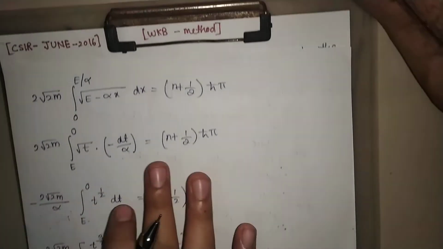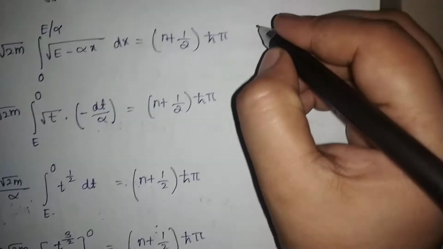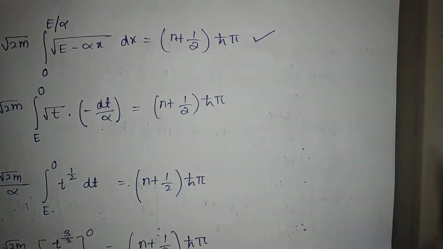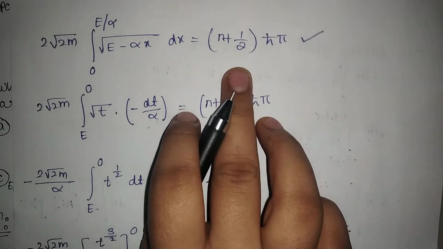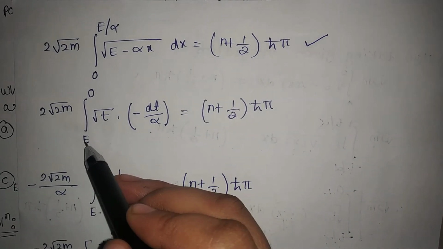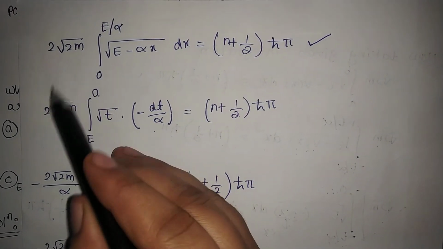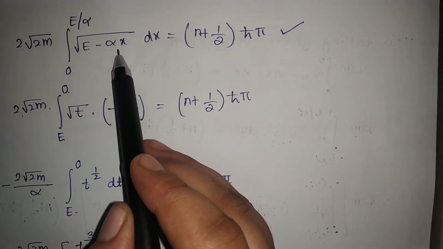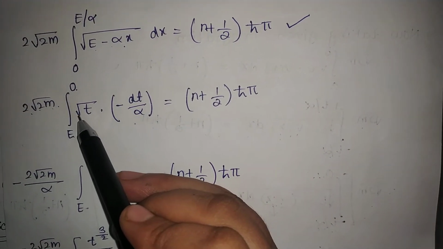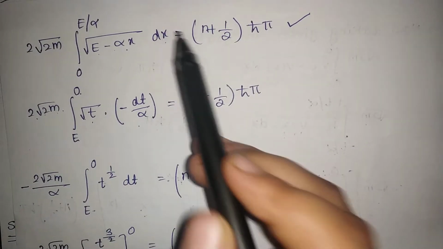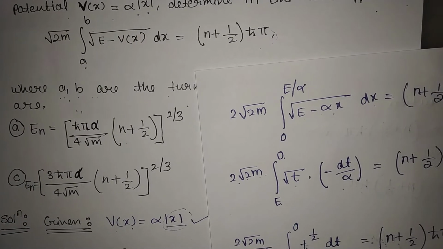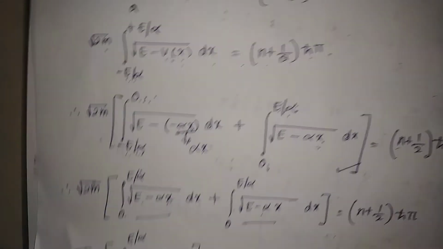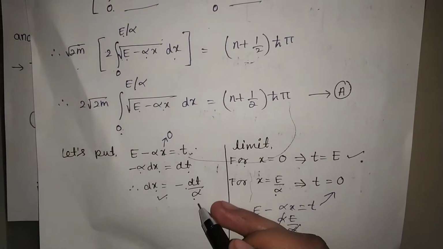So now, here our equation A is this, and in this we are putting the limit E to 0, and the 2 root over 2m as it is, and here E minus alpha x we have considered t. So here we will get root over t, and dx we have got as minus dt by alpha.